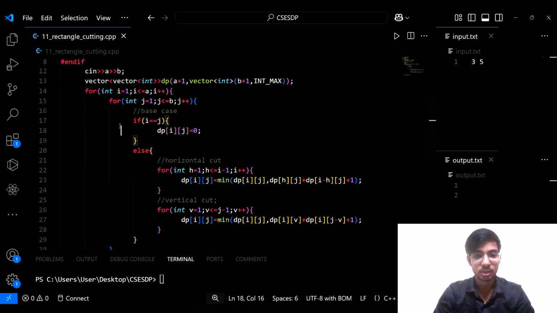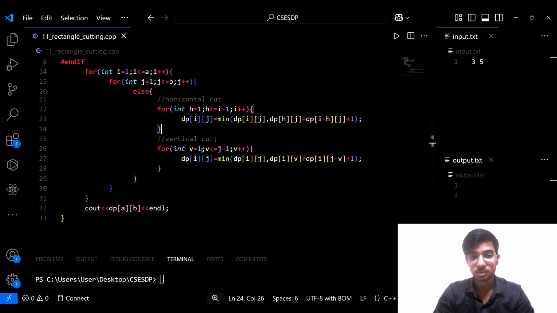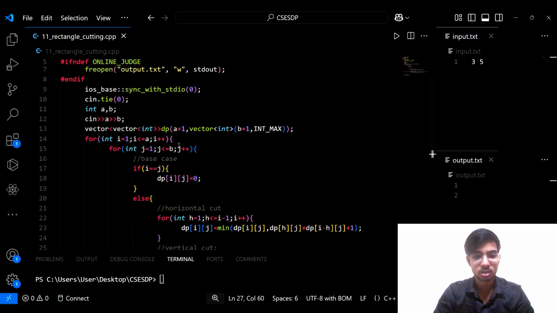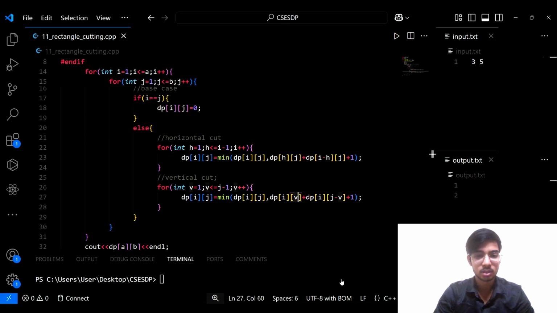Yes, this looks fine. This is also great. dp of i, j minus v, plus 1. We have to do minimum. The loop goes correct. j minus v. Yes, i v, i j updated correctly. Yes, it looks fine. Let's try to run it.